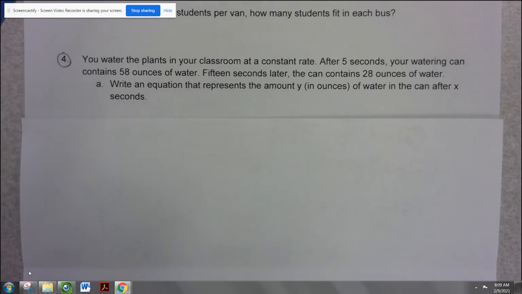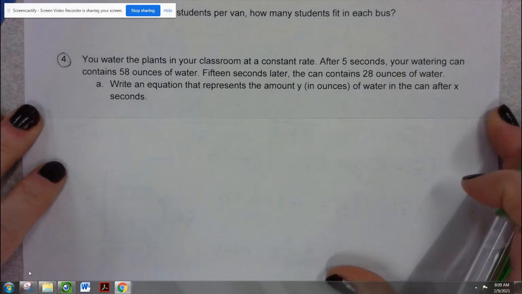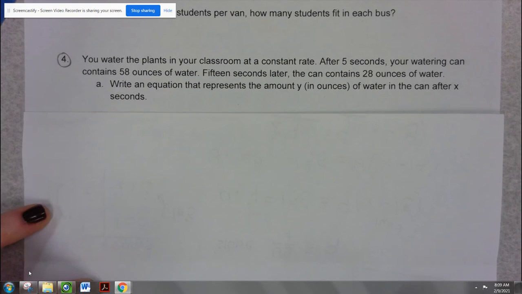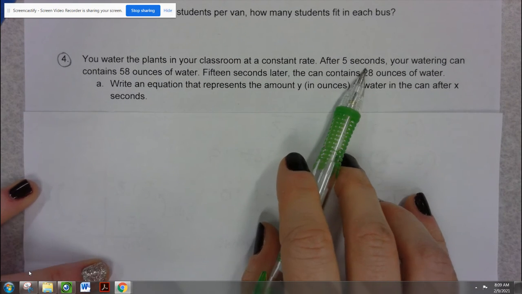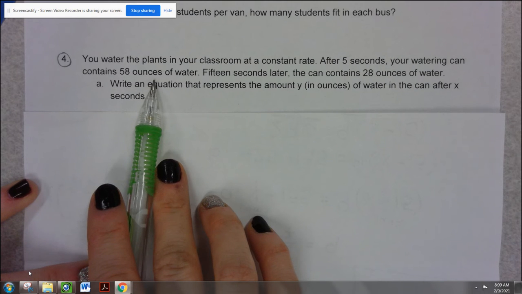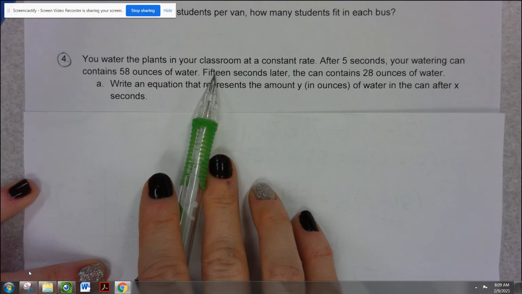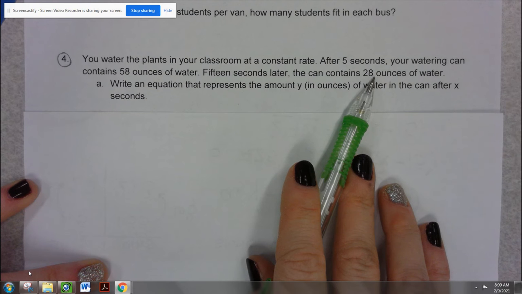So now I'm going to have to figure out if this is like question 1, question 2, or question 3. So reading through our scenario, we're watering plants. After 5 seconds, my watering can has 58 ounces, and after 15 seconds, it has 28 ounces of water.